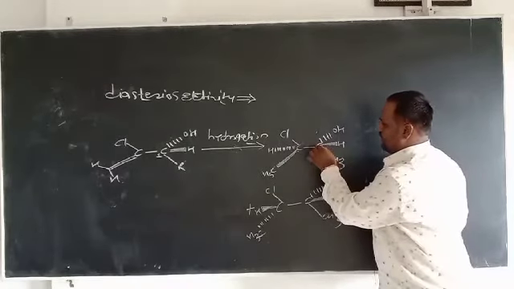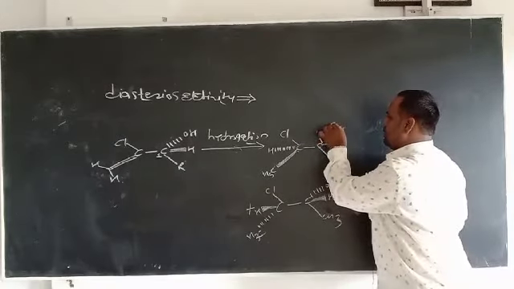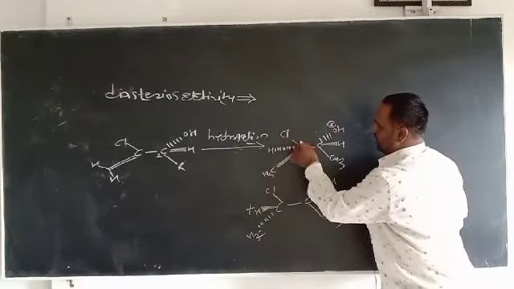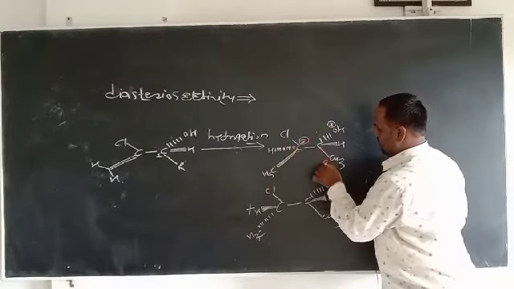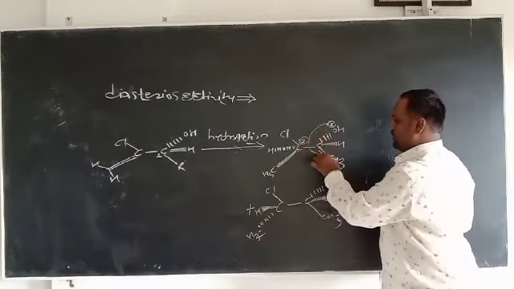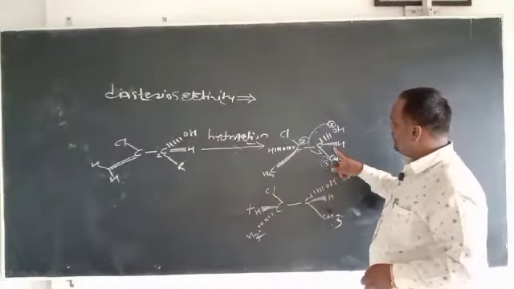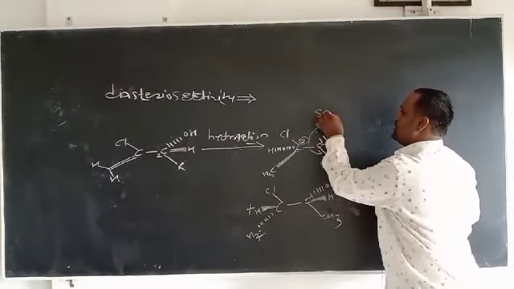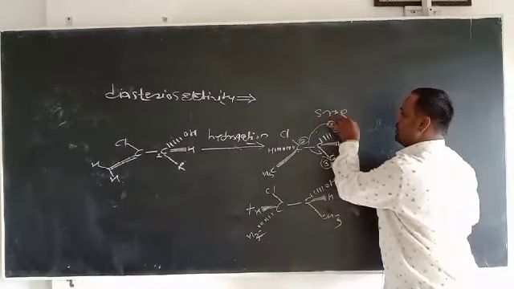The OH has first priority, this whole group is second priority, and this methyl group is third priority. So 1, 2, 3, it is S configuration, but hydrogen is above the plane. Therefore S configuration is converted into R configuration.